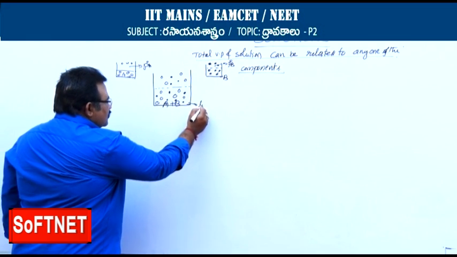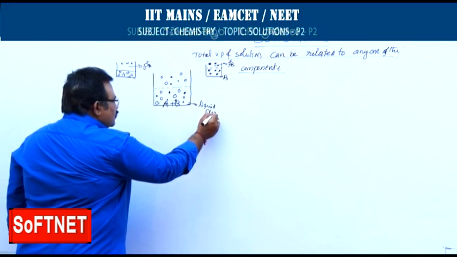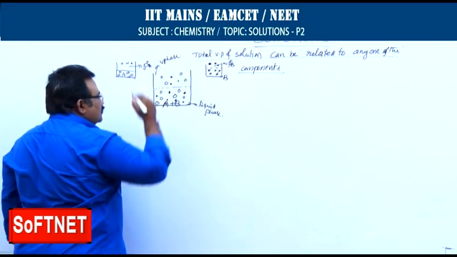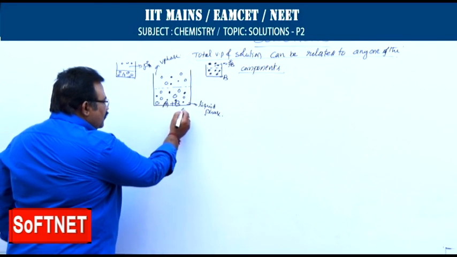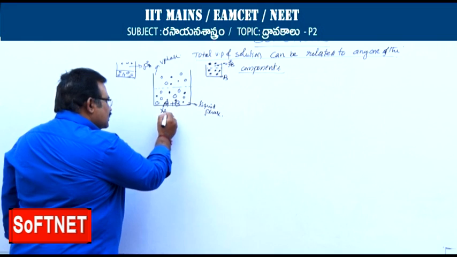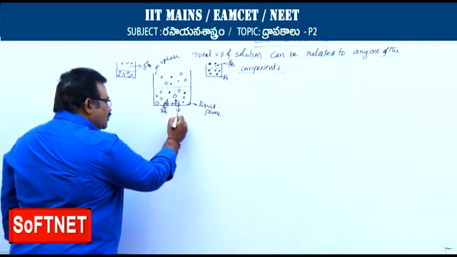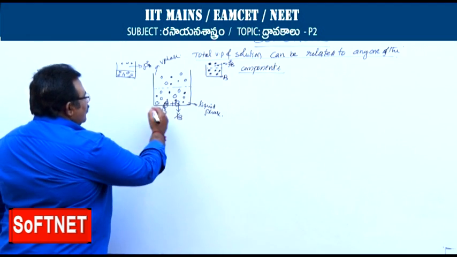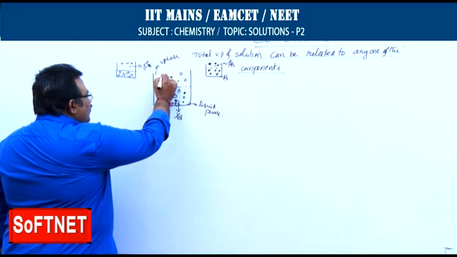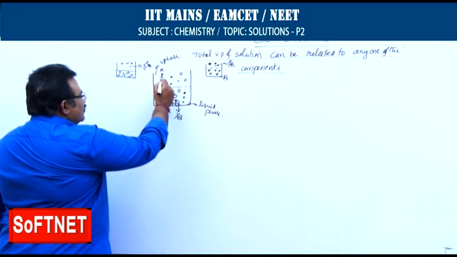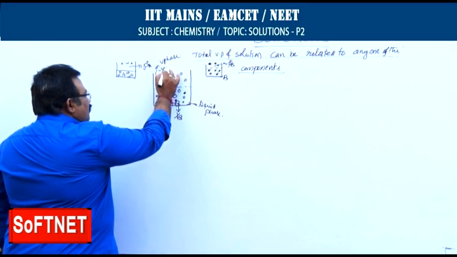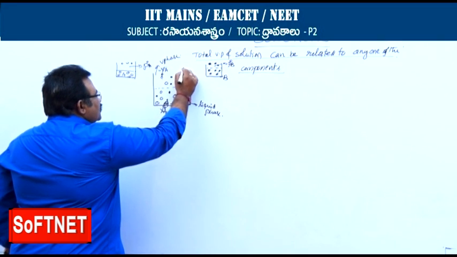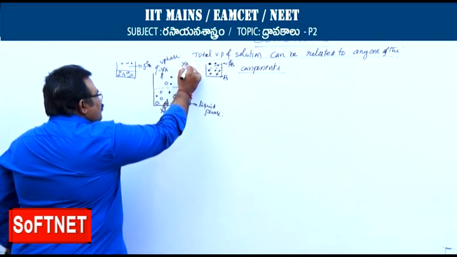This is the liquid phase and this is the vapor phase. The mole fraction of A component is XA and of B component in liquid phase is XB, whereas the mole fraction of A component in vapor phase is YA and of B component in vapor phase is YB.